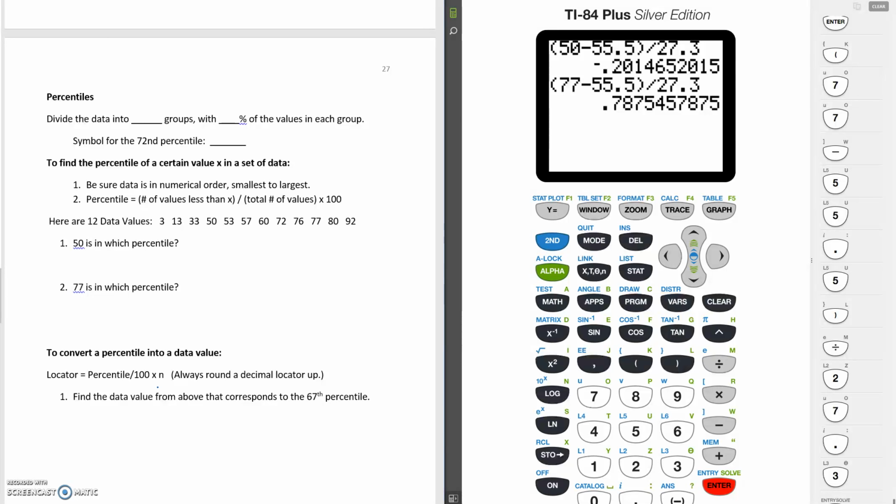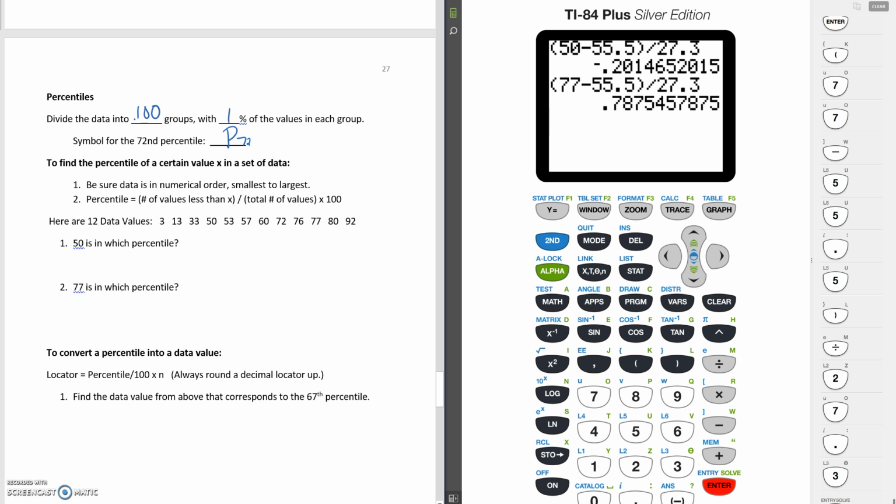So the way that we create percentiles is you divide the data into 100 groups, so each of those would be a percent, with 1% of the values in each group. And the symbol for the 72nd percentile or whatever, it's a P with that number.